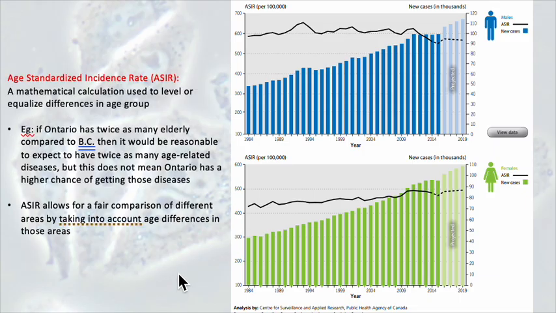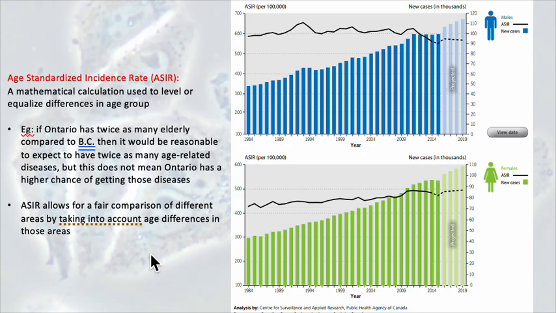Another thing that we can do here to kind of standardize this even more is age standardized incidence rate, or ASIR. This is a mathematical calculation that can be used to equalize differences in age group. So now we're adding another level of standardizing or specificity here.